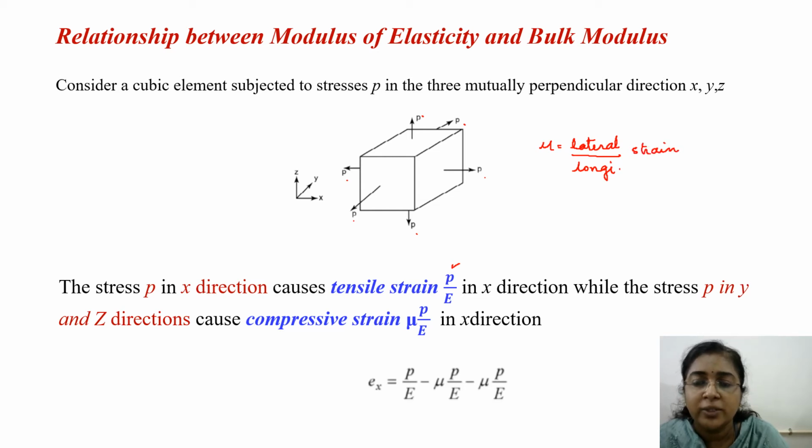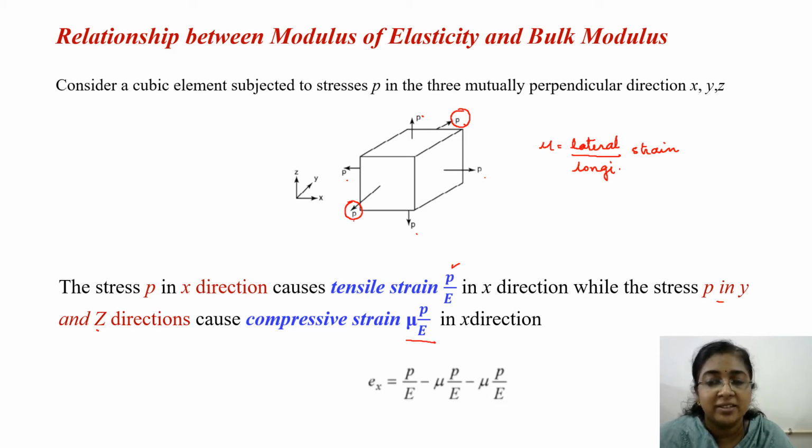The longitudinal strain is equal to P by E, and mu into P by E is the lateral strain. Because of the P in the x direction, we have the tensile strain P by E in the x direction, and due to the P in the y and z directions, we have the compressive strain mu into P by E in the x direction.